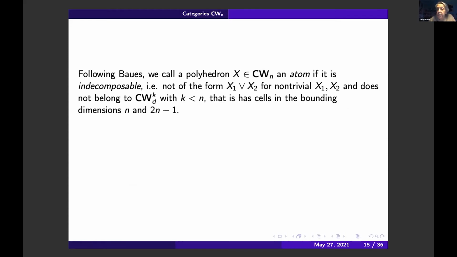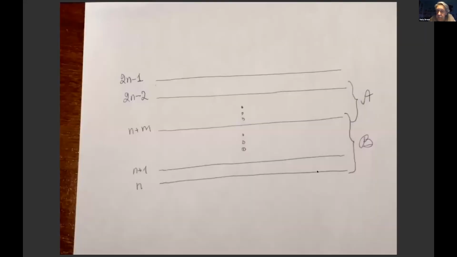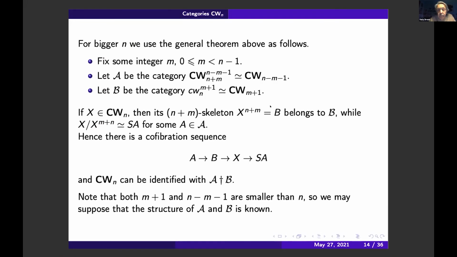Following Baues, we call a polyhedron from CW_n an atom if it is indecomposable, so it is not a wedge of non-trivial spaces, and does not belong to a smaller category CW. It means that it has cells both on the lower level and on the upper level, and maybe some cells in between.